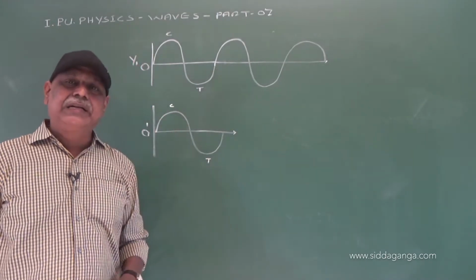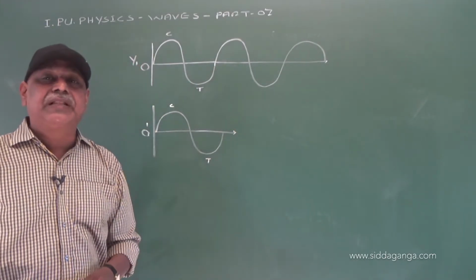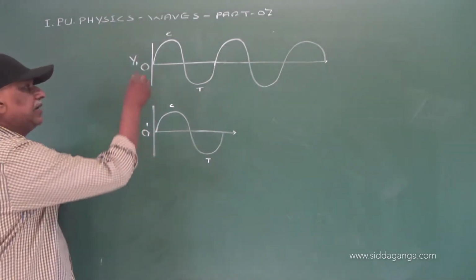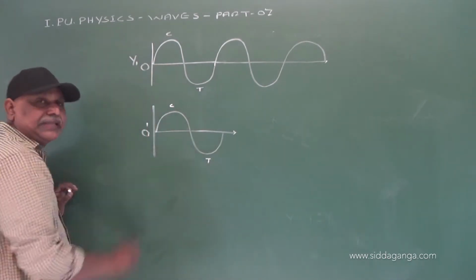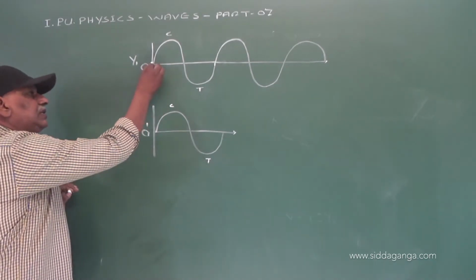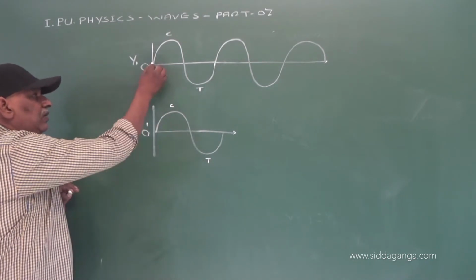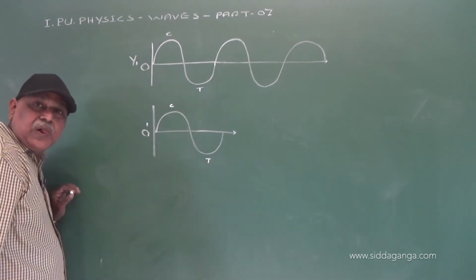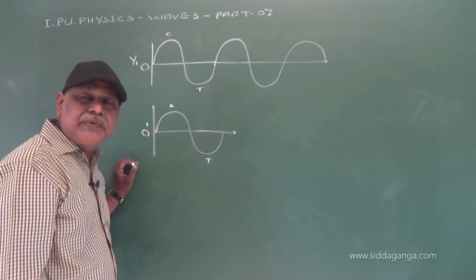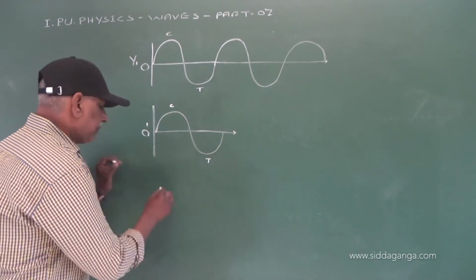But when we are considering the phase difference between the two waves, it is taken at the origin, the same point. So this is 0, this is also 0. The phase difference between the two waves is 0.